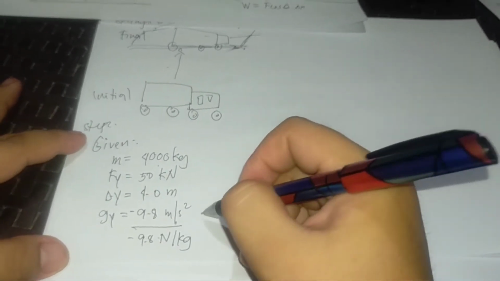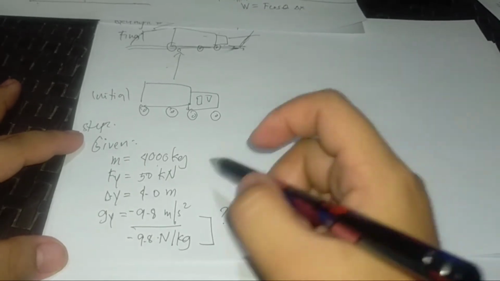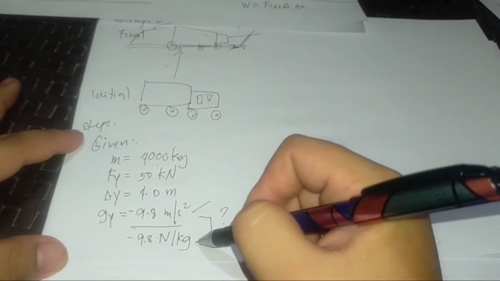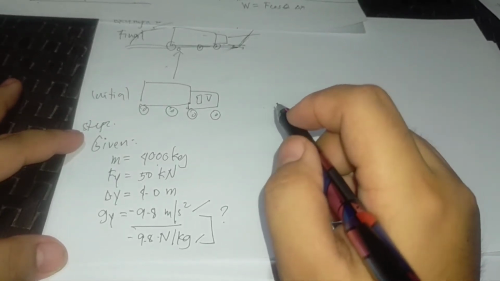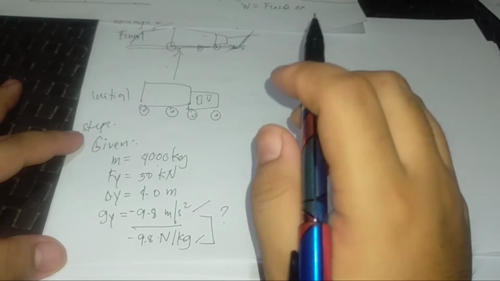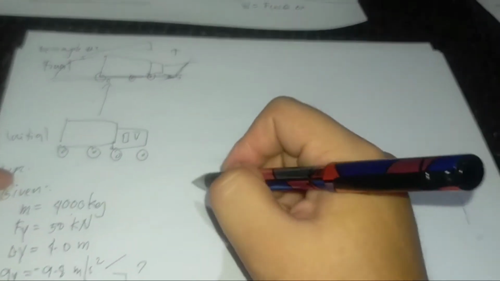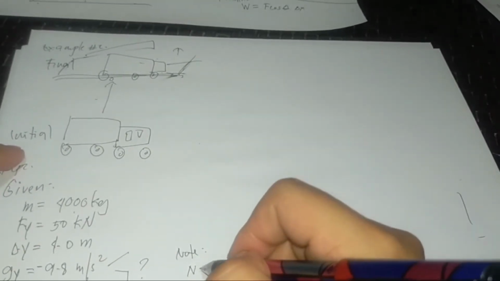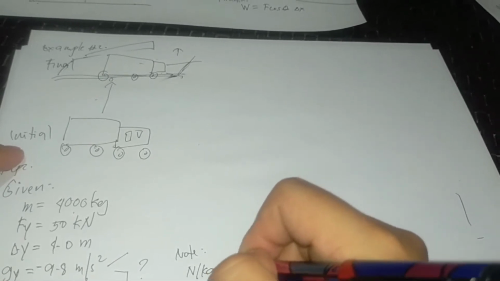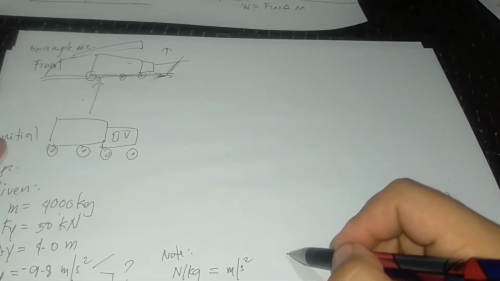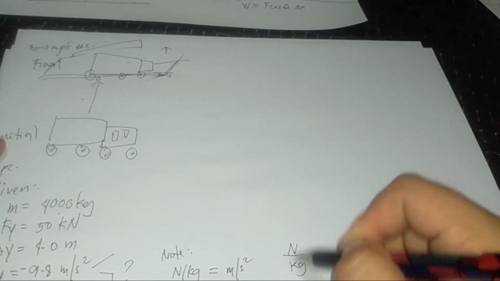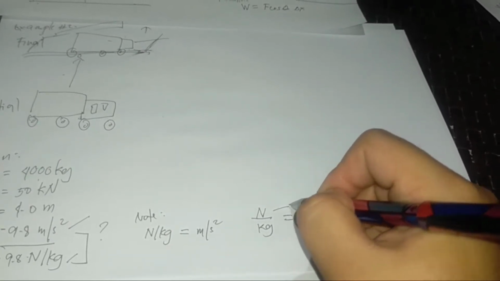Okay, so question, why does meter per second square become Newton per kilogram? That is because meter per second square and Newton per kilogram are the same. How? So take note of this illustration. Newton over kilogram, what is the equivalent of Newton?